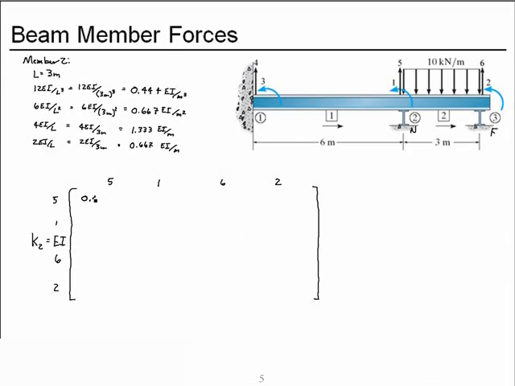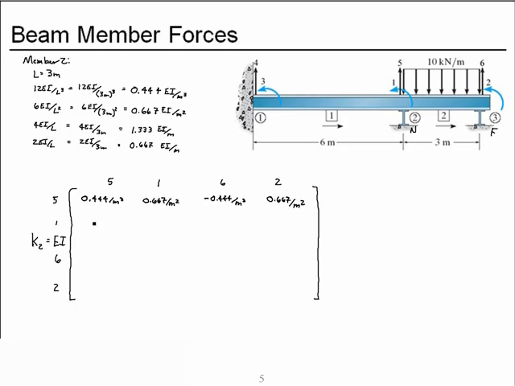So we have 0.444 over meters cubed because we pulled the EI out from all of the terms. And then the 0.667 divided by meters squared. Then we'll take a minus that term and a positive of that term again.